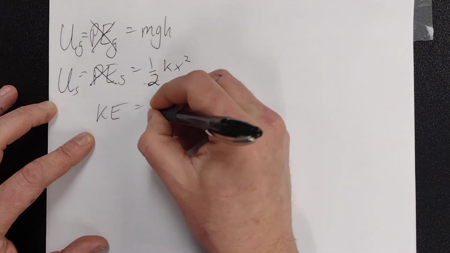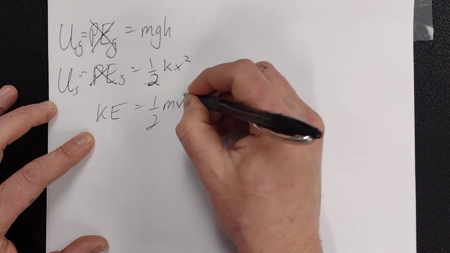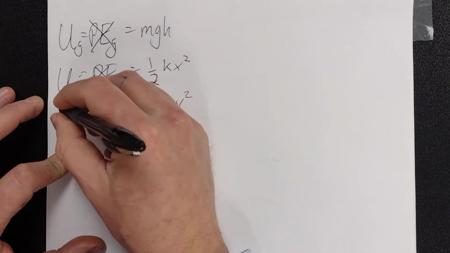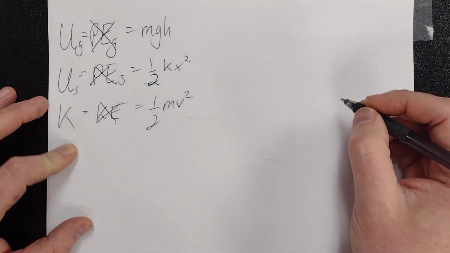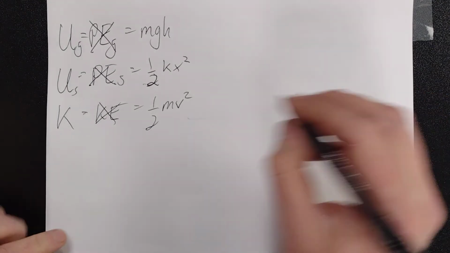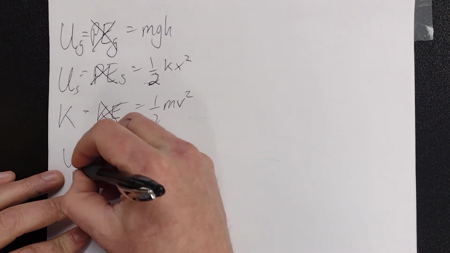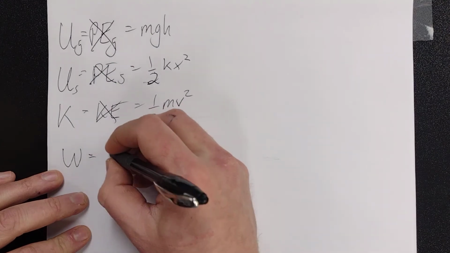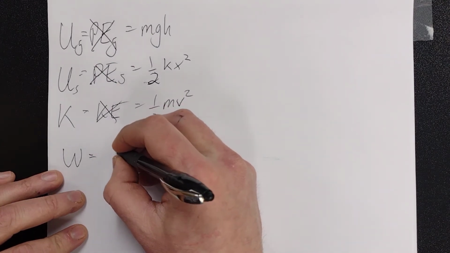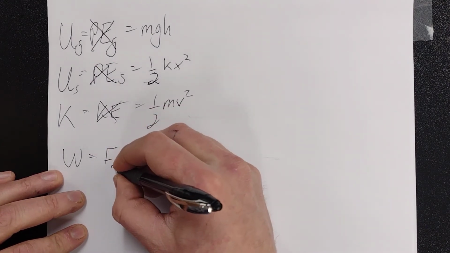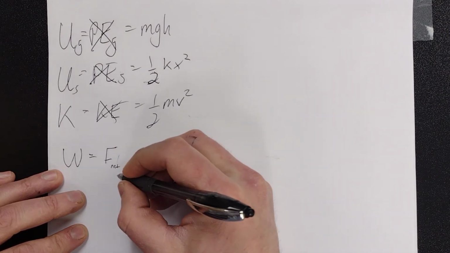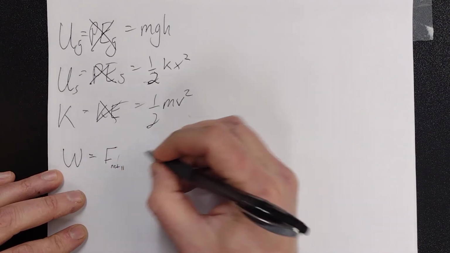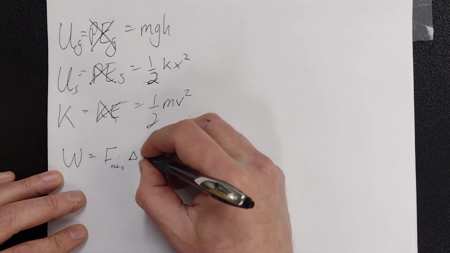KE, 1/2 mv squared, we're going to call that capital K. That's the upper level way of writing this stuff. And the last one is the work done on an object is equal to the component of the net force that is parallel to the displacement vector.